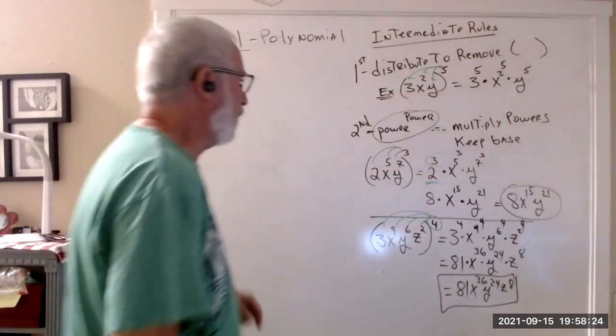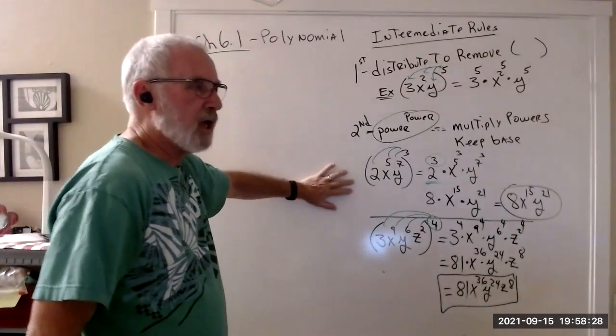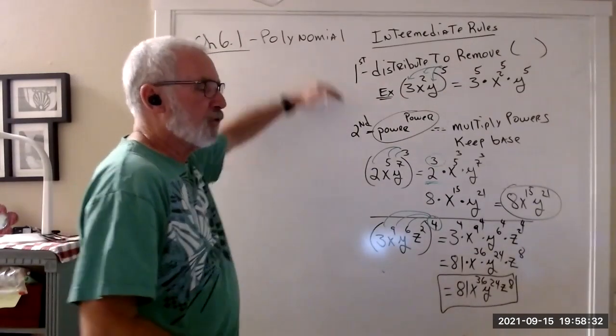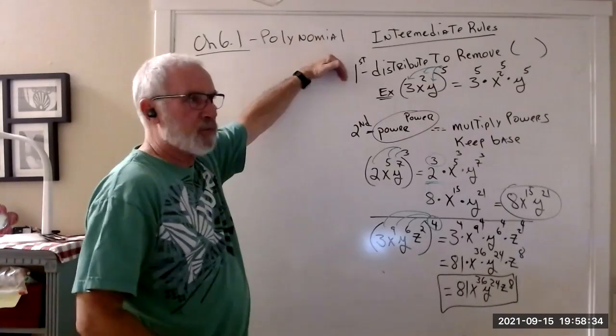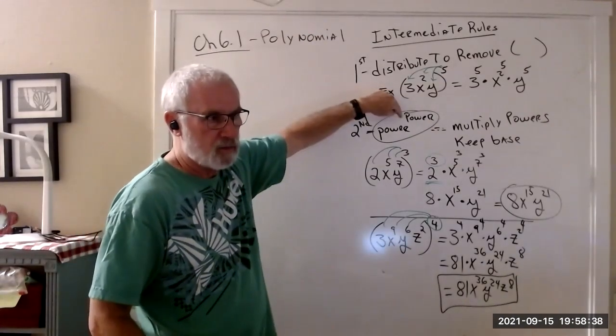Okay, so those are our first two rules. And when you see an exponent problem, this is how you attack it. First, you get rid of parentheses. Second, you look for power of power.